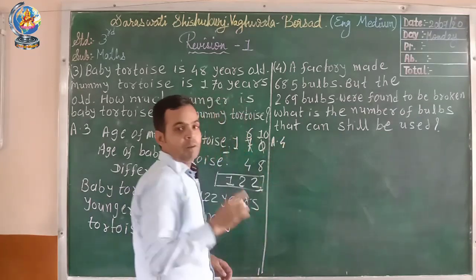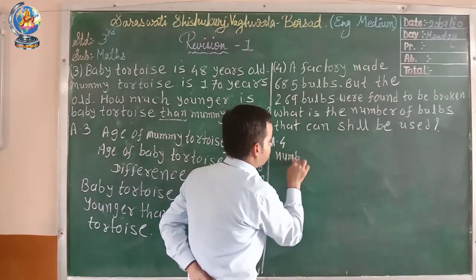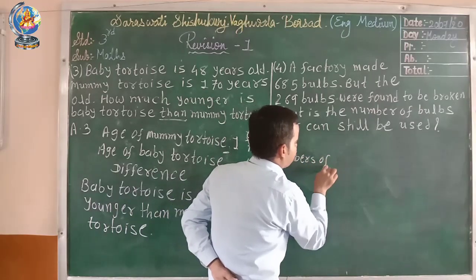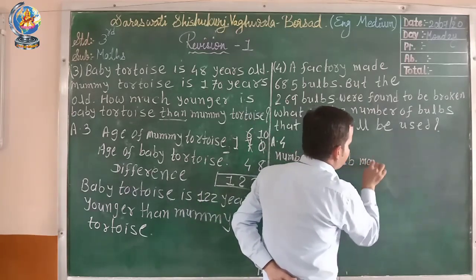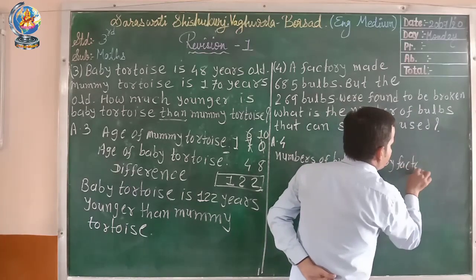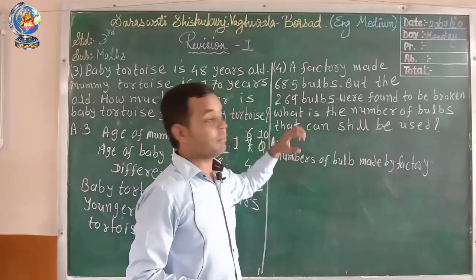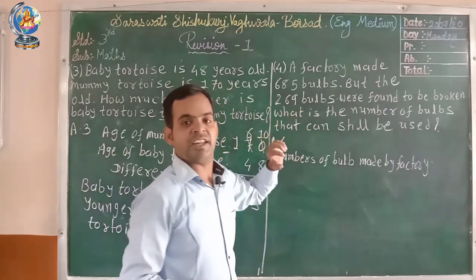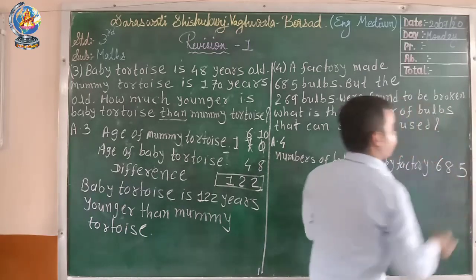So here we can write number of bulbs made by factory. How many bulbs did the factory make? 685. So here we can write 685.